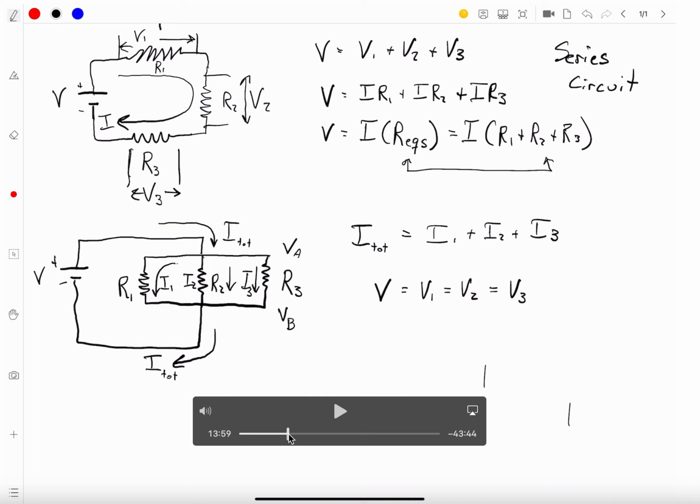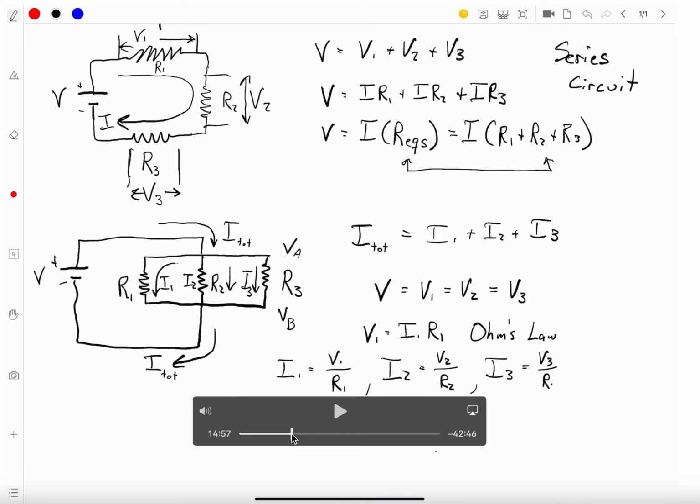And that's great. So V1 equals I1 R1, which is just a statement of Ohm's law. And therefore we can then solve for I1 and get the current that's going through R1 by taking V1, which is V, and dividing it by R1.